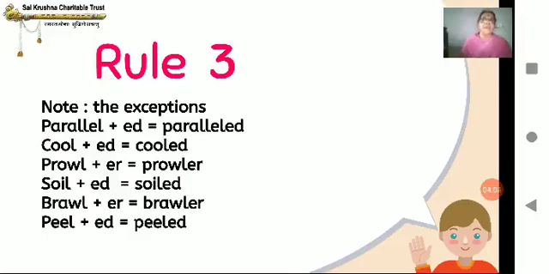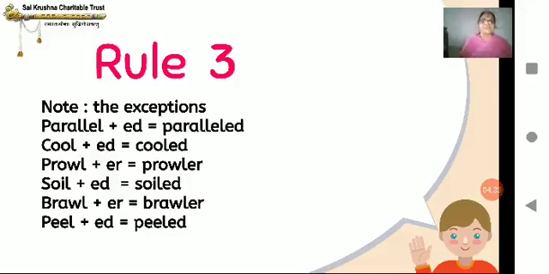L. According to British English, what should happen? L should become doubled. It does not double. Paralleled. Cool plus ed. You keep water in the fridge so that it becomes cooled, isn't it? We don't add another L. It's cooled. Prowl plus er. Prowl means, we say animals normally prowl, they move around, isn't it?